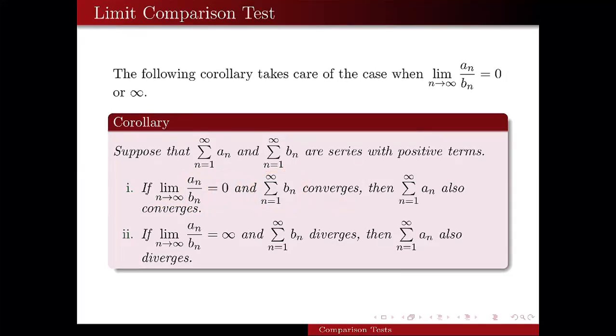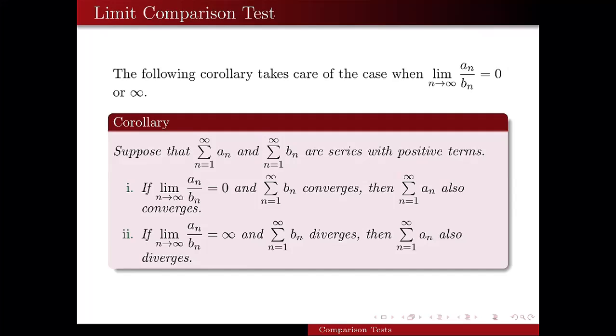Then the series for the numerator also converges. Okay? So if the limit of a_n over b_n is equal to 0, and the series for the denominator converges, then the series for the numerator also converges.